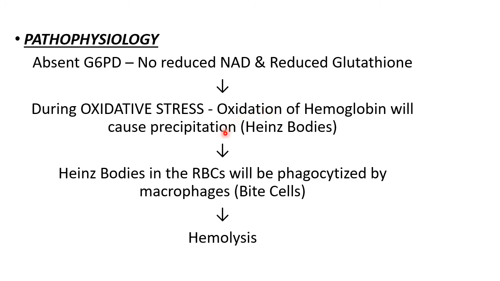Magkakaroon ng precipitation, and then there is an eventual formation of your Heinz bodies. Remember, yung Heinz bodies natin are inclusions formed by the precipitated hemoglobin. And kapag yung Heinz bodies na nasa loob ng RBC are beaten off by our spleen macrophages, magkakaroon tayo ng poikilocyte called bite cells. And tong bite cells na to, once released through the bloodstream, madali na siyang ma-hemolyze or mag-burst out.